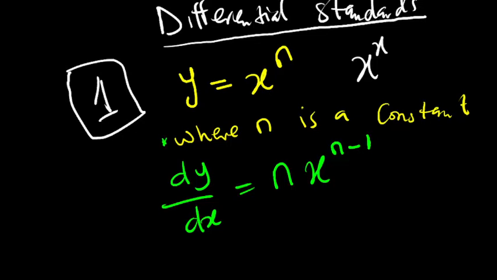Let's say you have x raised to power x. You can't use this method for x raised to power x. You can also have x raised to power sine x. You can't use this method as well. But for y is equal to x raised to power n, where n is a constant.